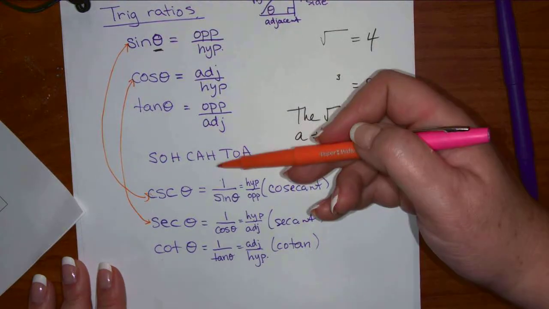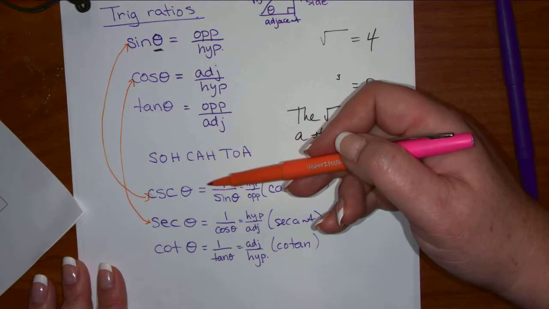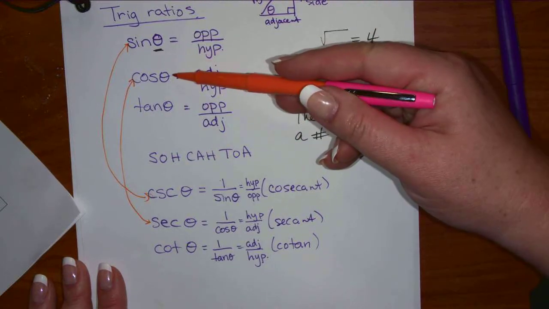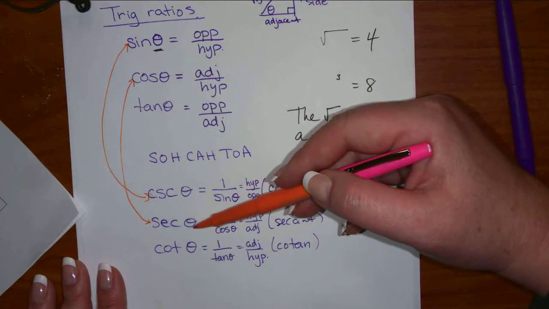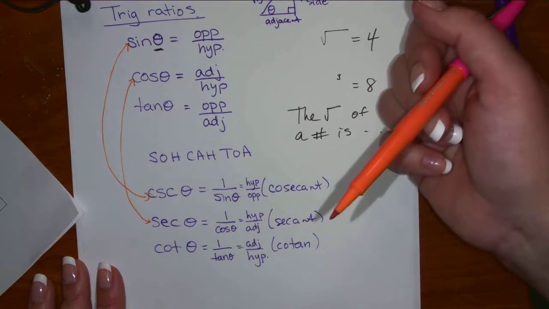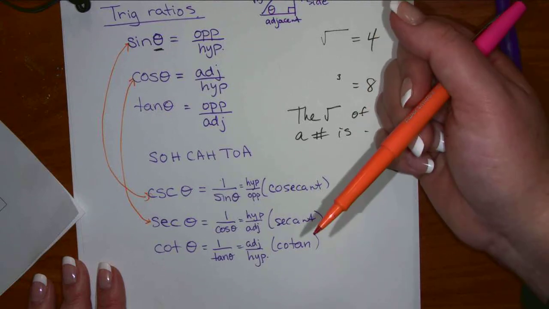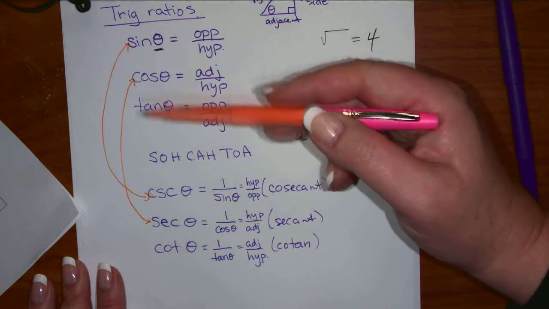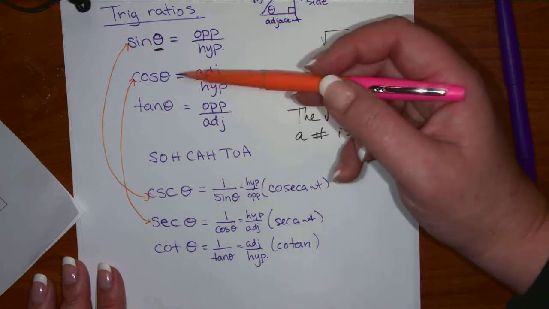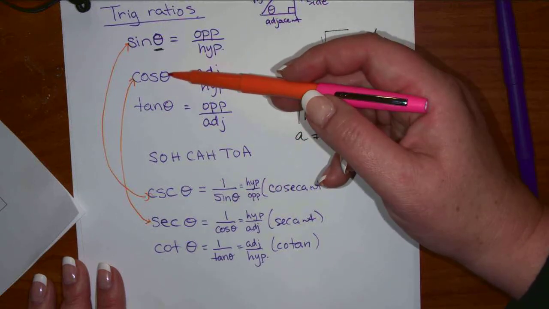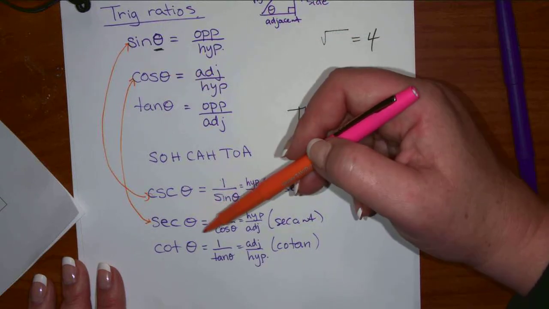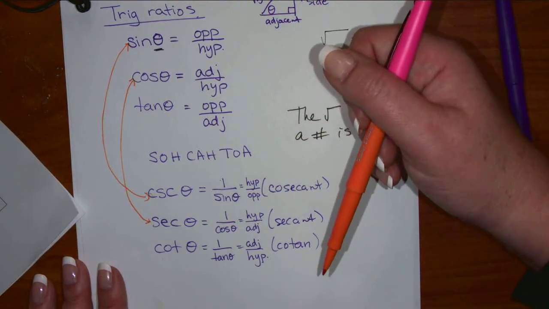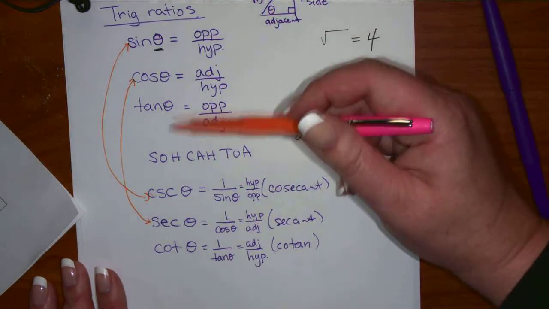The reciprocal starts with a C. And the cos, the reciprocal is the one that starts with an S. If they matched, it would be easier to remember, but you have to remember that they're opposite letters. So sine starts with an S, and the reciprocal is cosecant. And cos starts with a C, and the reciprocal is secant. They just named them that, they shouldn't have maybe, but we can't change that. Cotan's easy to remember, that's the reciprocal of tan.